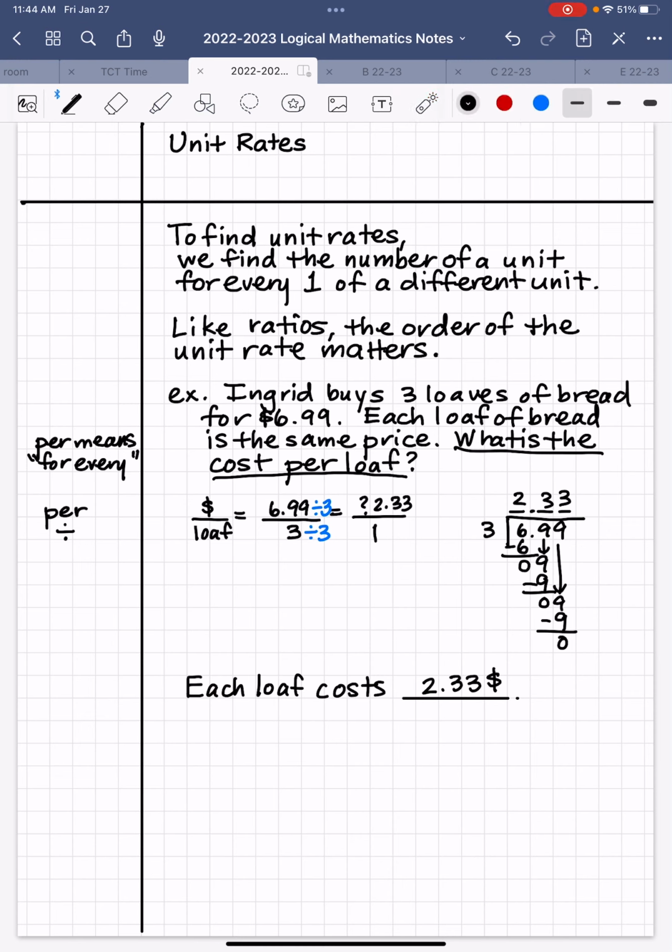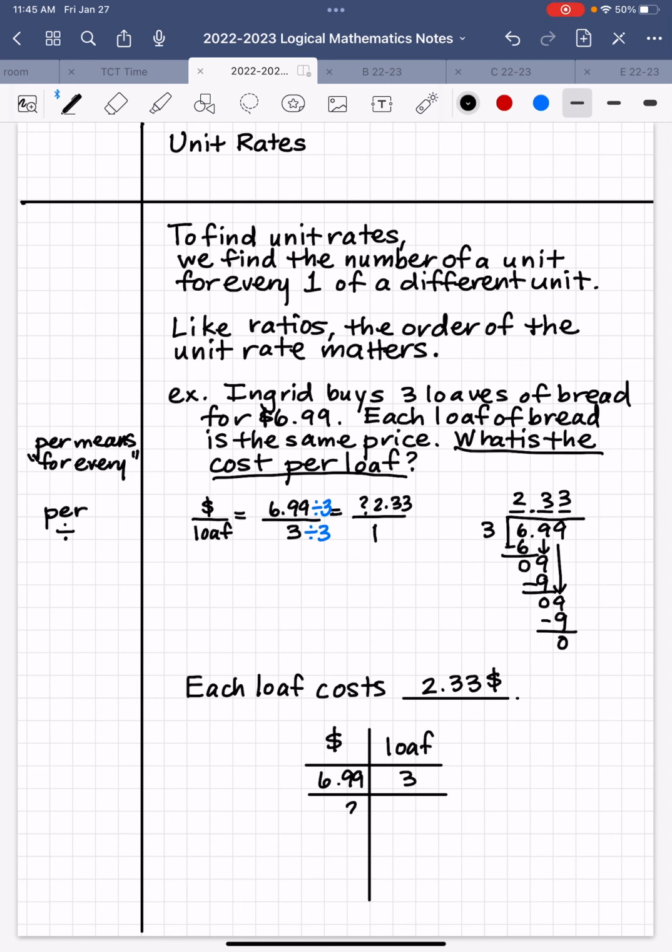Now, for those of you that feel very comfortable with ratio tables, feel free to make a ratio table. It's the same idea here. We have number of dollars, number of loaves, and then we have 6 99/100ths for every 3 loaves. You could put the plural word of loaf, which is loaves, if you want.